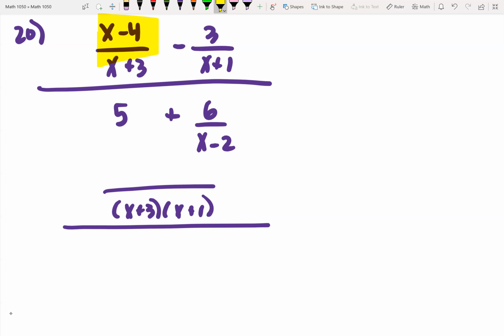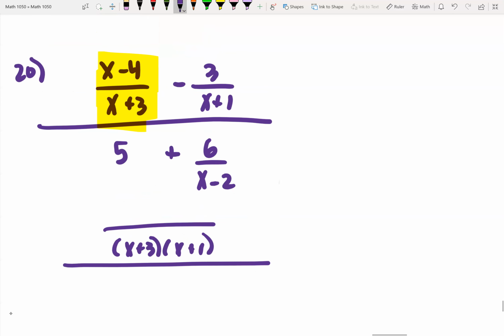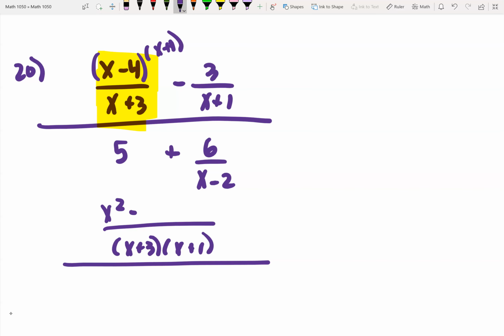This guy right here, guys, has the x plus 3. He's missing the x plus 1. So I have to take that x minus 4, multiply it by x plus 1, which is a binomial times a binomial. So I FOIL, and I get x to the second minus 3x minus 4.